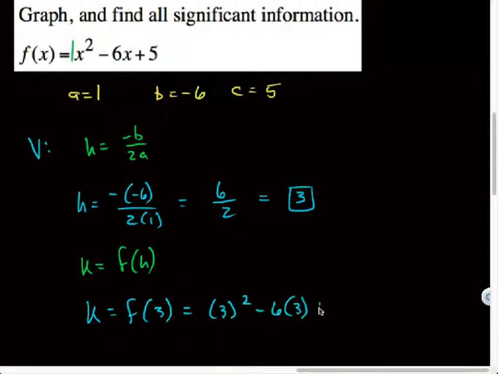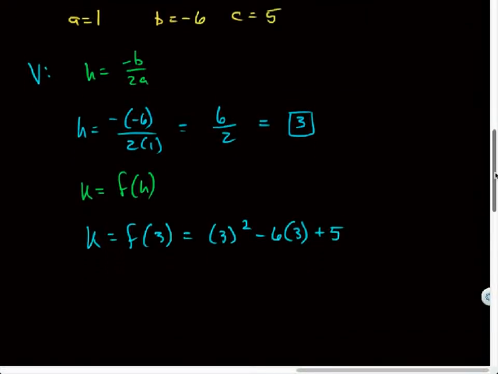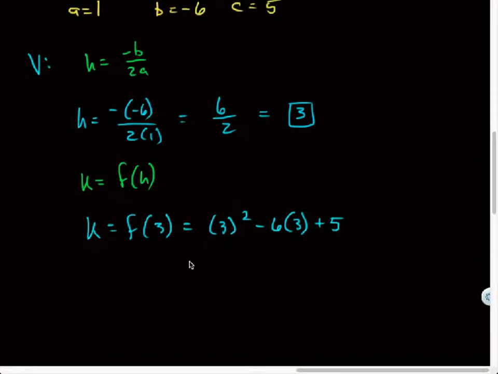And then plus 5, the constant staying the same. So that's 9 minus 18 plus 5, so that's negative 9 plus 5. K is negative 4. So my vertex is the point (3, -4).